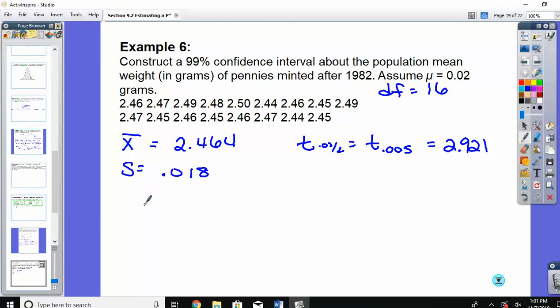So then create your confidence interval. x bar, 2.464, plus or minus your t, 2.921, times your s, 0.018, over the square root of n.